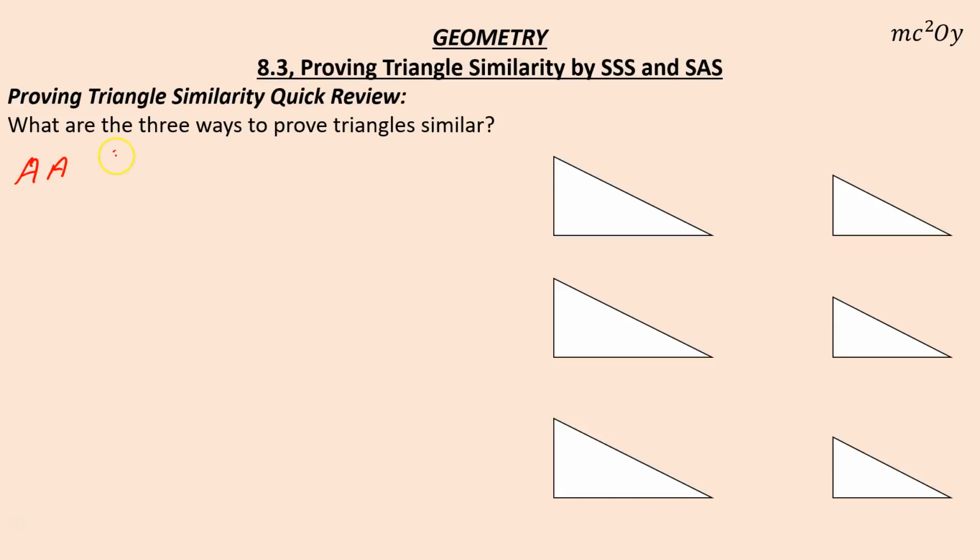The angle-angle says, okay, if 2 angles, I'm going to abbreviate a bit, on one triangle are congruent to 2 angles of another triangle. So picture-wise, we could say there, there, there, and there. Then the 2 triangles are similar there.